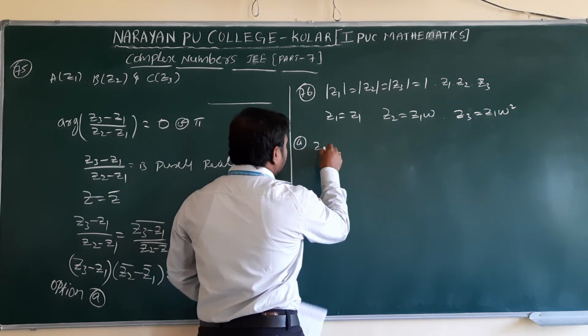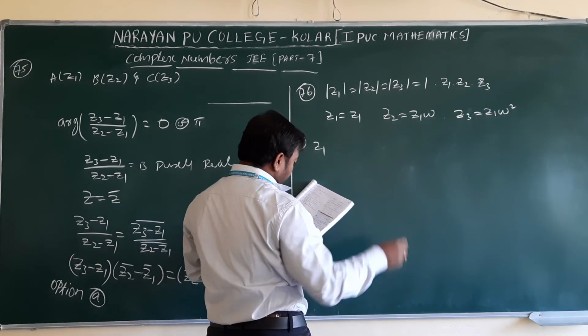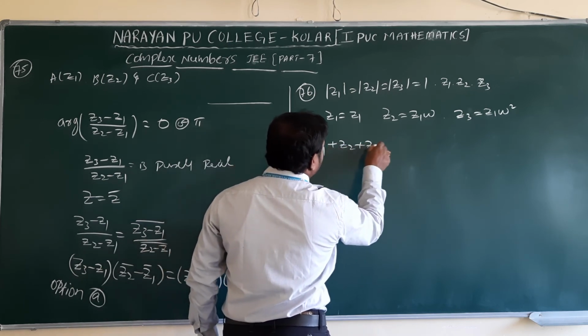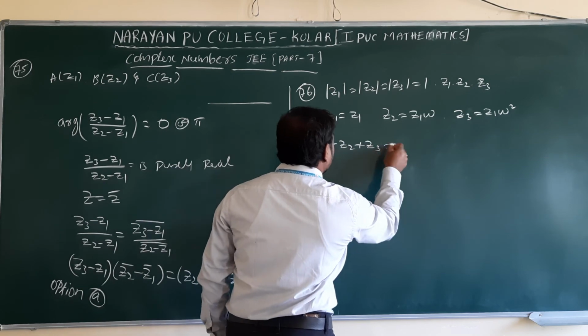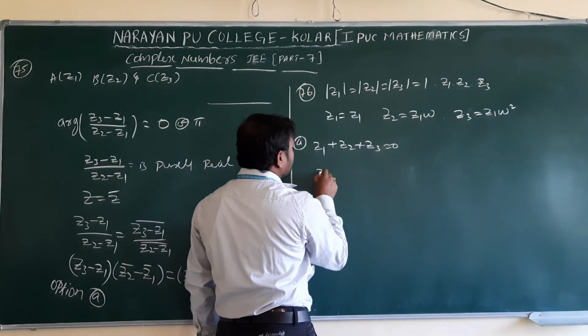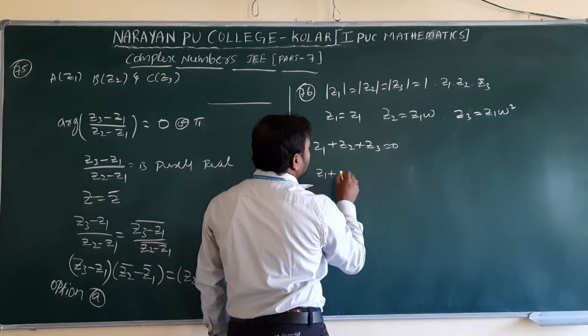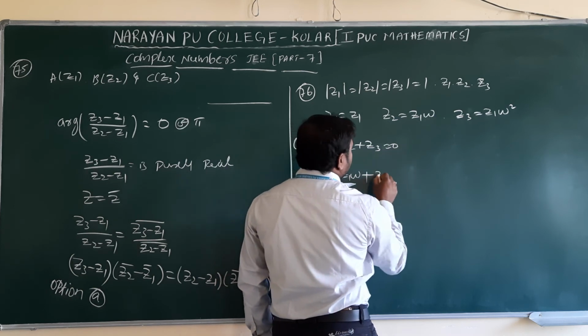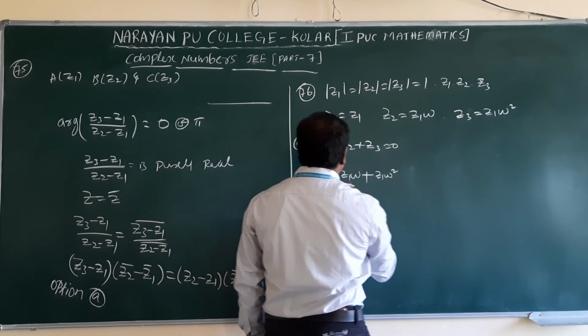The first option is Z1 plus Z2 plus Z3 is equal to 0. Here Z1 plus Z2, which is Z1 omega, plus Z3, which is Z1 omega square.